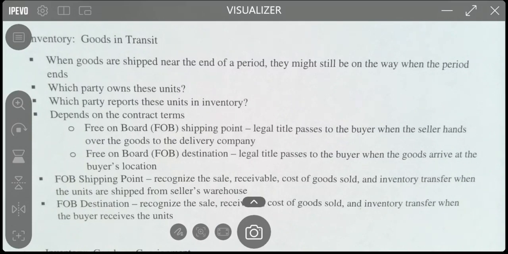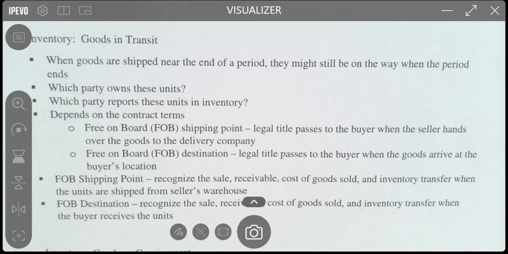If the contract calls for FOB, free on board destination, legal title passes to the buyer when the goods arrive at the buyer's location. Free on board destination, the destination of the goods. So with FOB shipping point, we recognize the sale and the receivable and the cost of goods sold and the inventory transfer when the units are shipped from our warehouse, from the company's warehouse, the seller's warehouse.